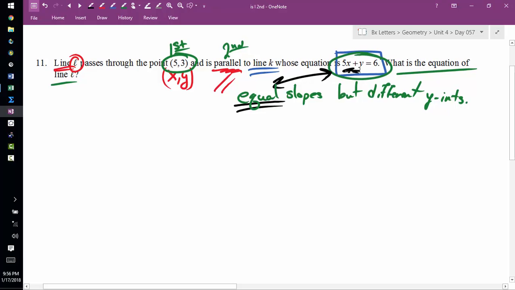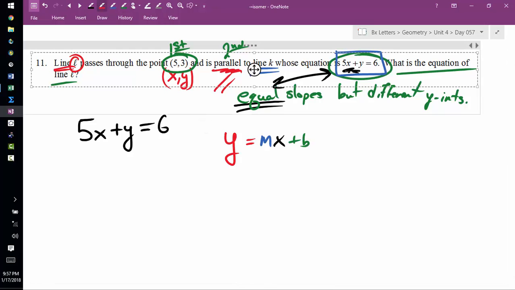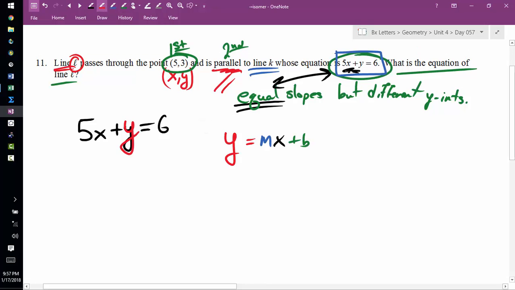So if I go and write out the equation of the original, 5x plus y equals 6, remember, I want to solve this for y equals, so I can look at the m, which is next to the x, and the b. I'm interested in solving for y.